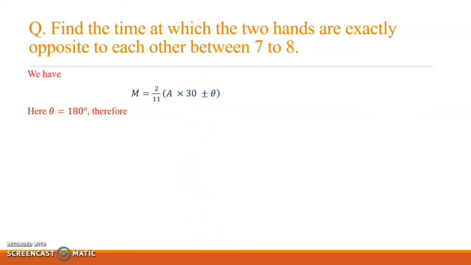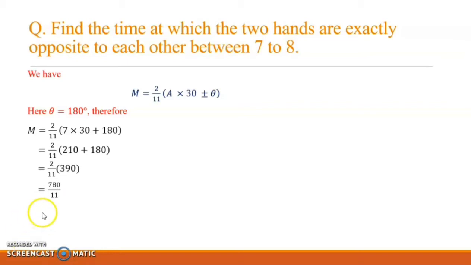So M is equal to, first we will proceed with plus theta. On substituting and simplifying, we get this, that is 70 minutes and 10 by 11 seconds. But if you look at this, 70 minutes makes it what? 1 hour, 10 minutes and 10 by 11 seconds.